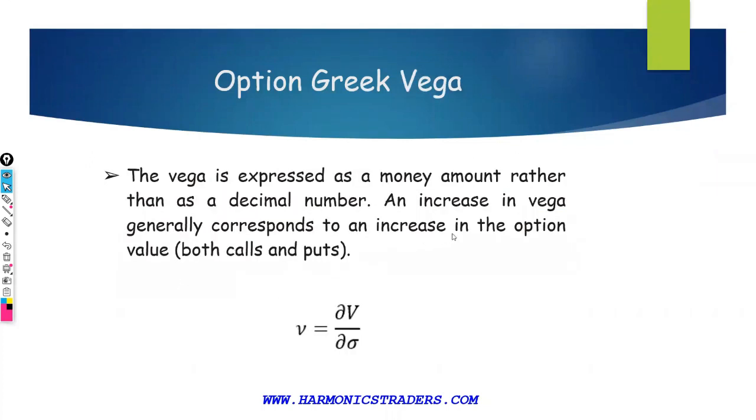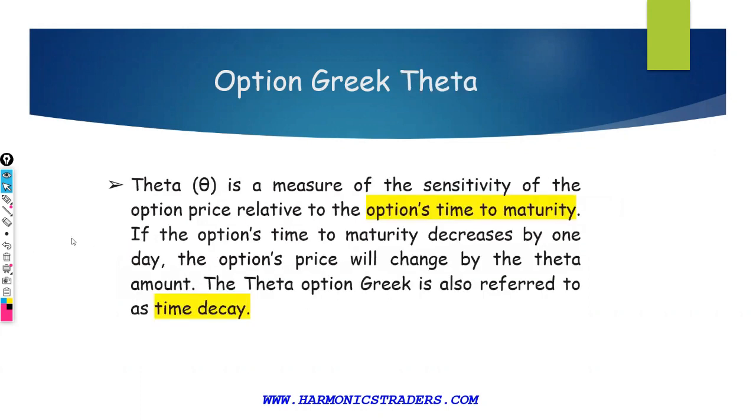Vega measures the changes with respect to volatility. Theta. Why is theta very important? Like I said, by default, every second, every minute, the option's value should be decaying. So by default, let us say it is 18,000 Nifty spot, and you are buying 18,000 CE.